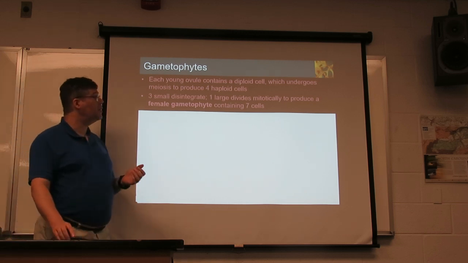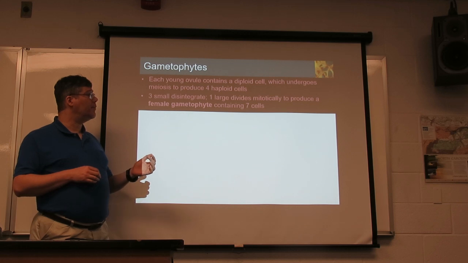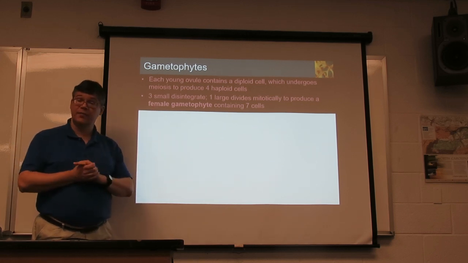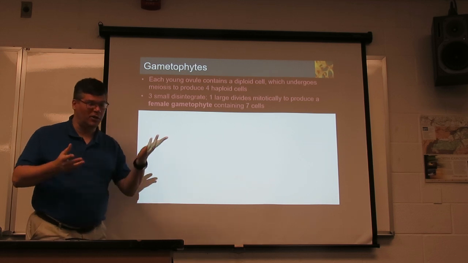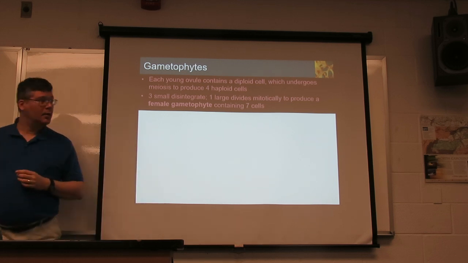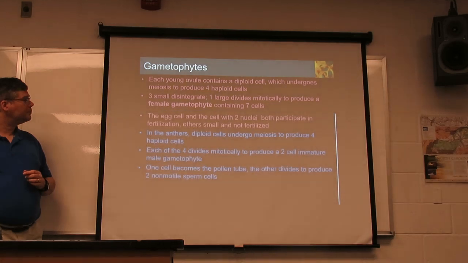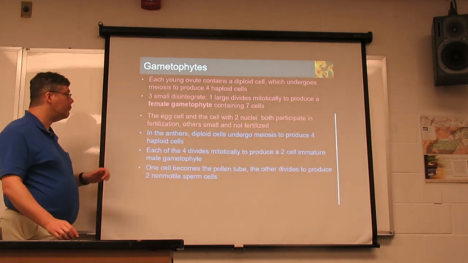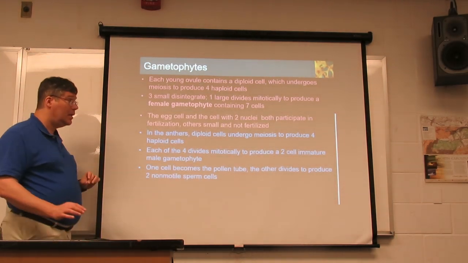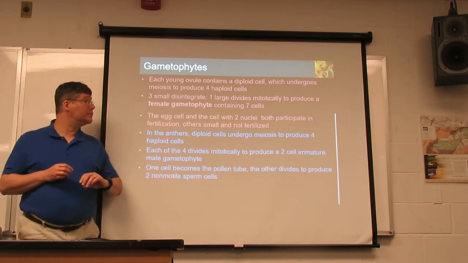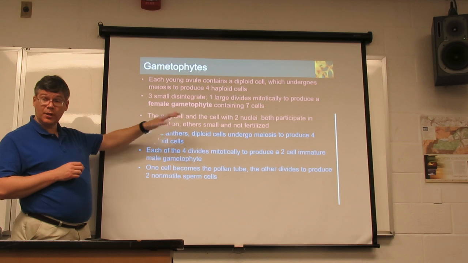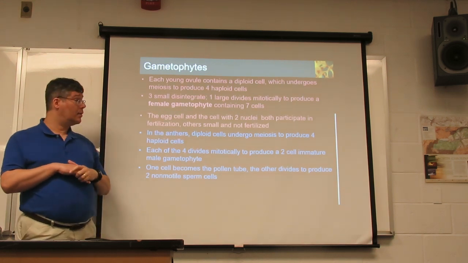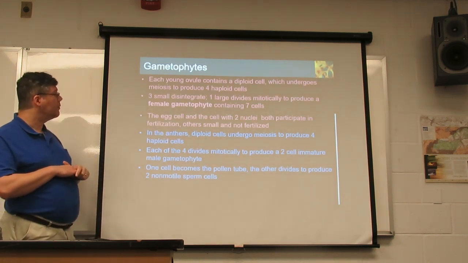The one larger one divides a couple times mitotically, and we end up with 7 cells making up the female gametophyte, which is not much, but male only had 2, so a little bit bigger there. The egg cell is the one that's involved in fertilization in the flowering plants.